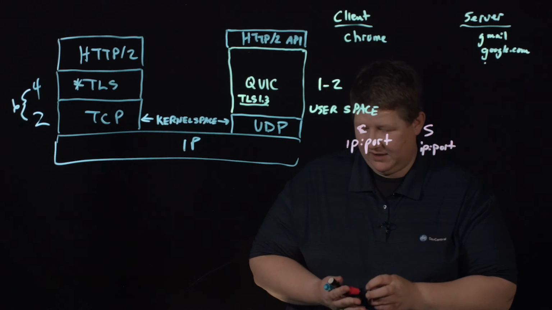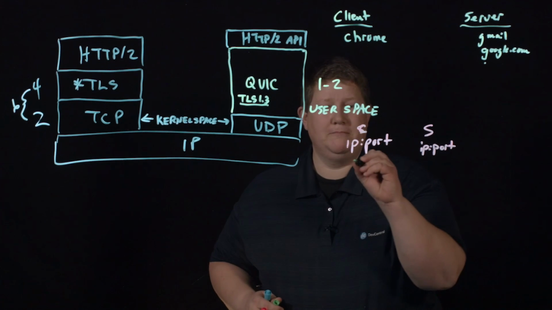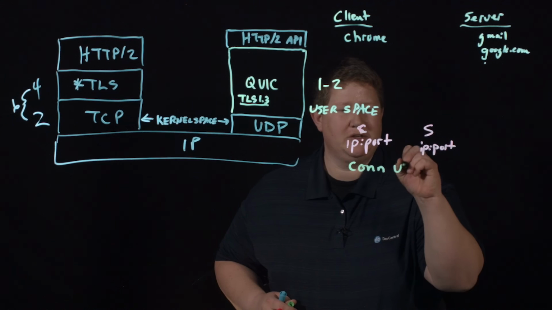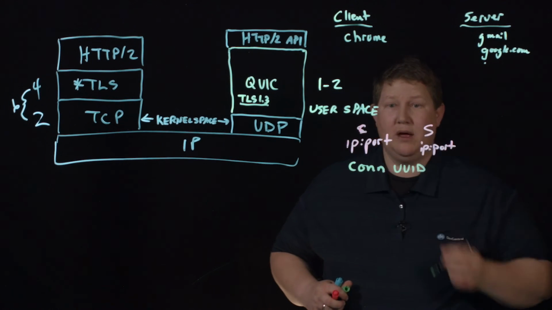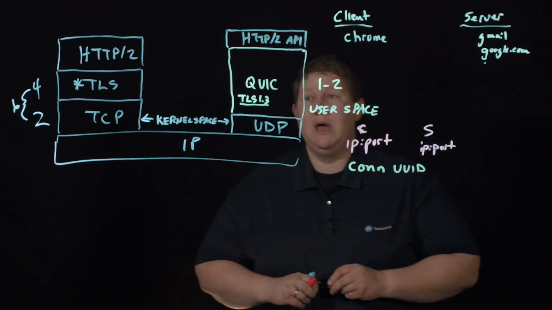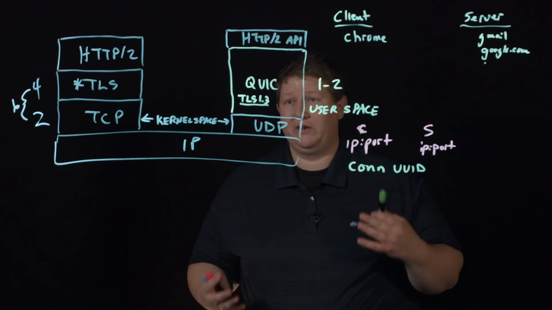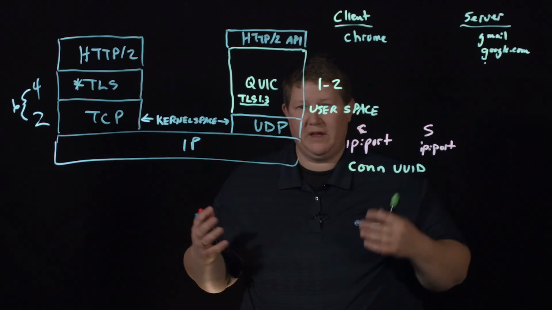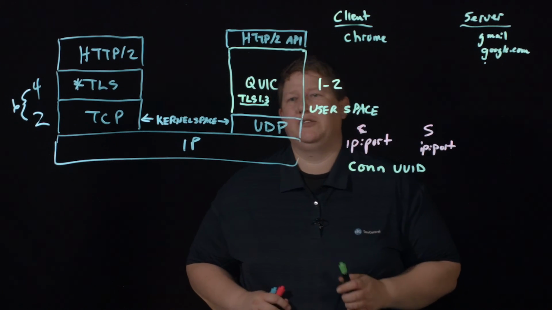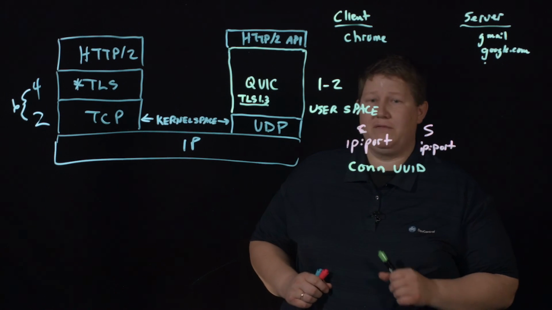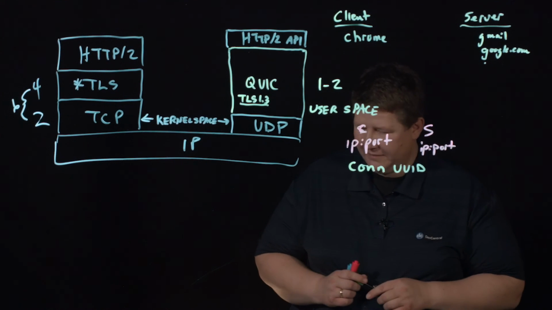With QUIC, it's got its own connection UUID, independent of IPs and ports. That's interesting, because now you can switch from Wi-Fi to your cell to your wired connection, and you're not going to lose that information. The connection can still live through that.